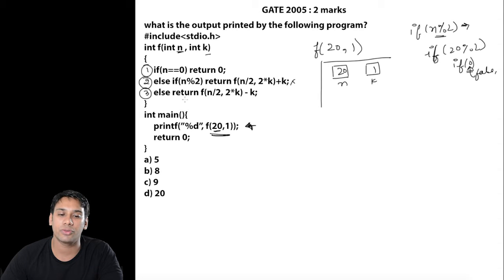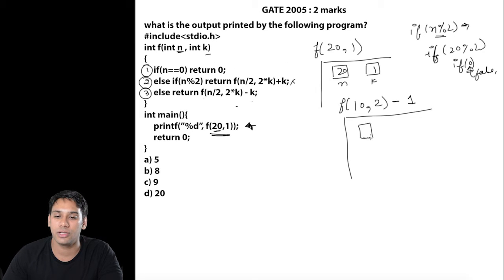The third statement returns f of n by 2, which is 20 by 2 is 10, comma 2 into k, which is 1 into 2 is 2, minus k, which is 1. So we are again calling this function, and now the value of n is 10 and the value of k is 2. Statement number 1 will not be executed.